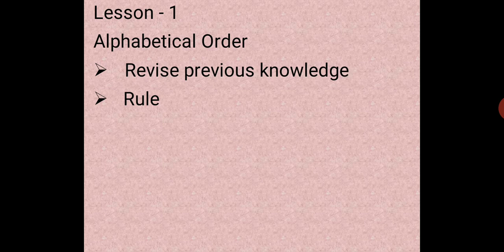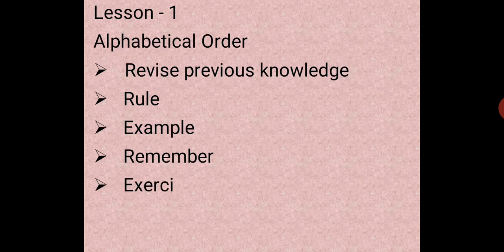Then today I am going to teach you two more rules of the alphabetical order. Then we will see the examples according to the rules. Then I will give a hint for the lesson. And then I will give an exercise for your homework.